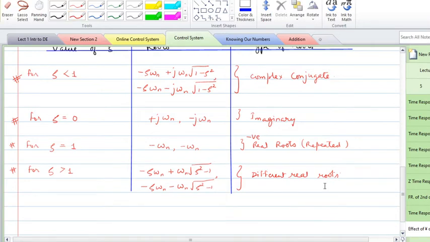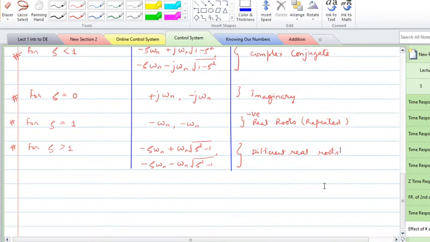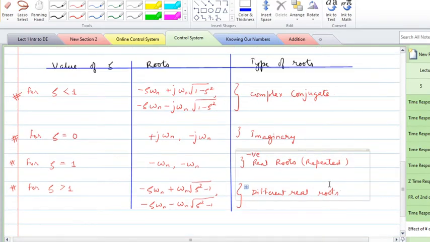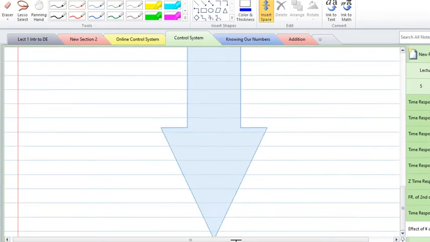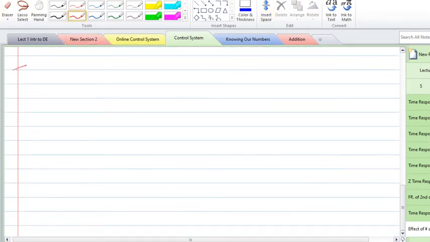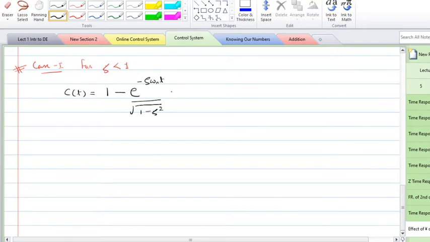Okay, now let's see the individual cases. For zeta less than 1, which we have already stated as case 1, the time response c(t) will be equal to 1 minus e raised to the power minus zeta omega n t divided by under root 1 minus zeta square, multiplied by sine of omega d t plus phi.